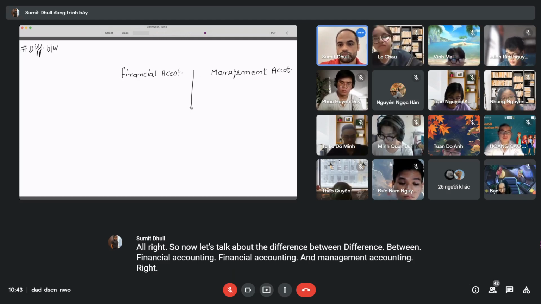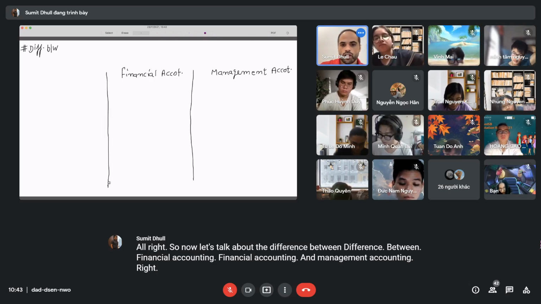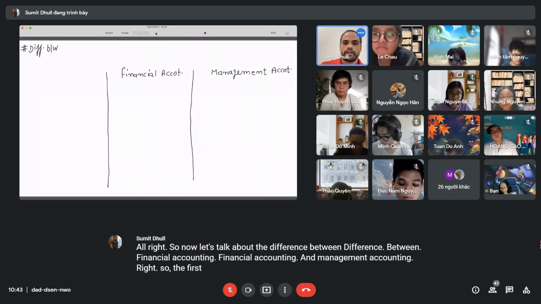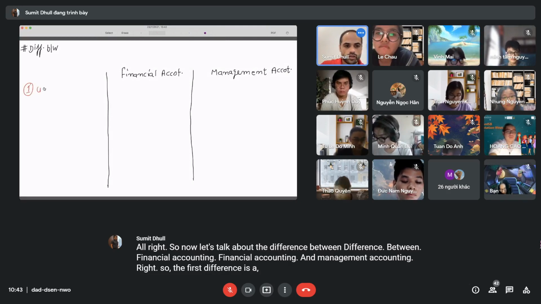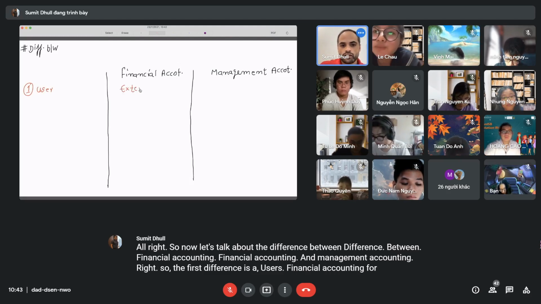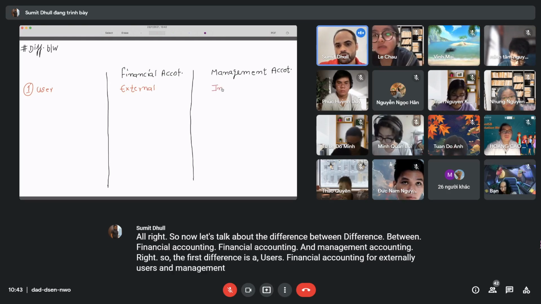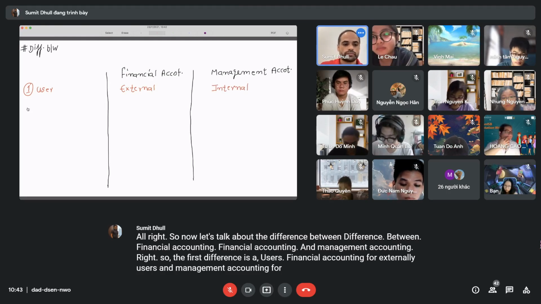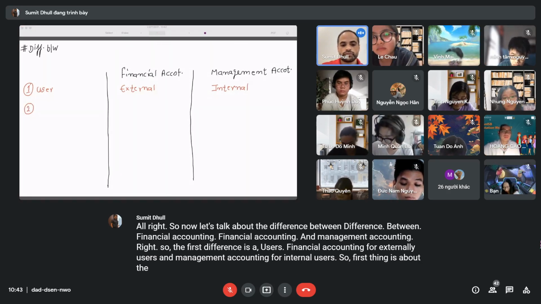So the first difference is users. Financial accounting is for external users and management accounting is for internal users. So first thing is about the users.